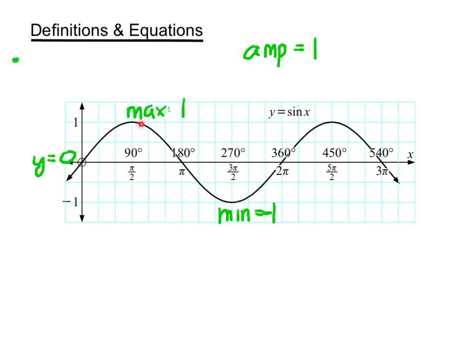So I want to make sure I come all the way back to that same point where the curve is coming back up. And notice the distance here is 0 to 2 pi. So the period of the sine function is 2 pi.